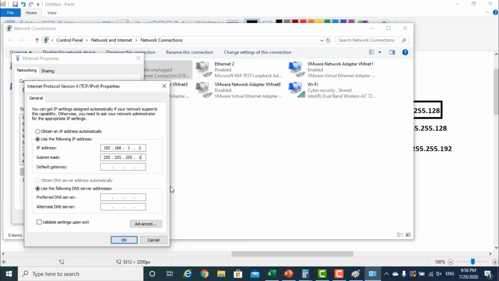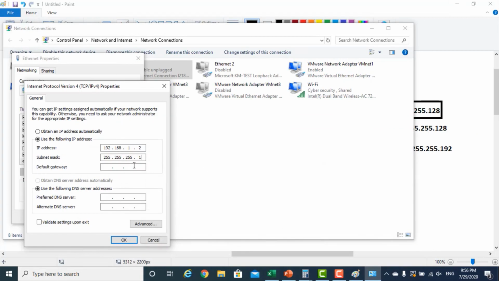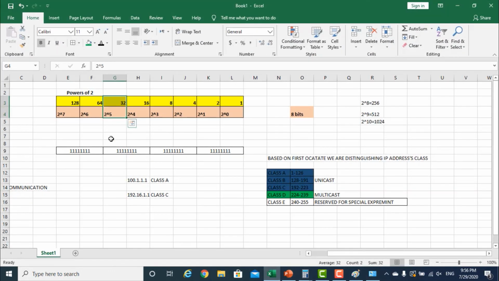I'm talking about the addition of 2 numbers. So 128 plus 64 is 192, and if I write 193, see, it will give me an error.